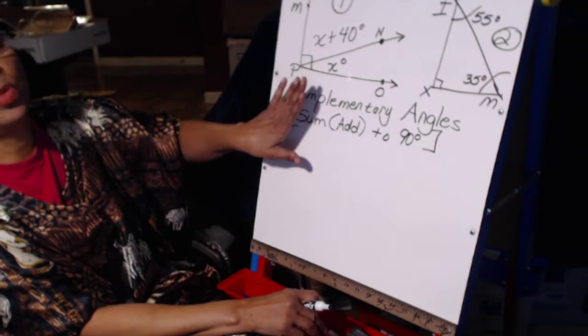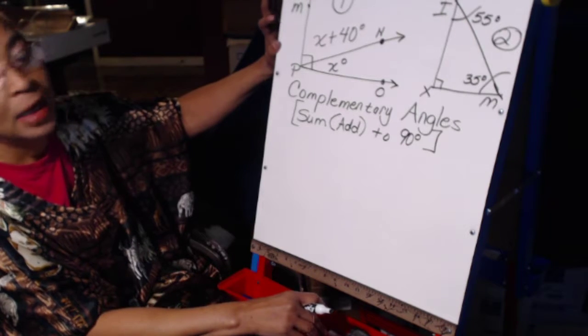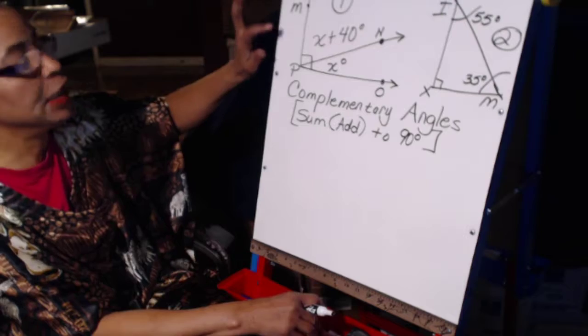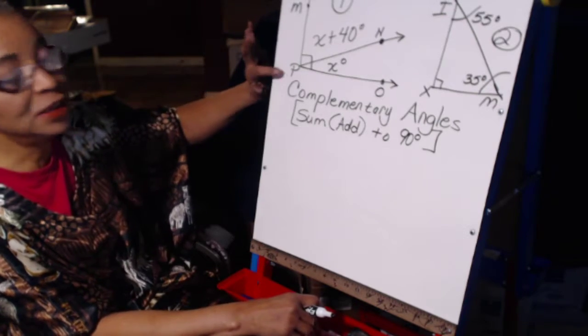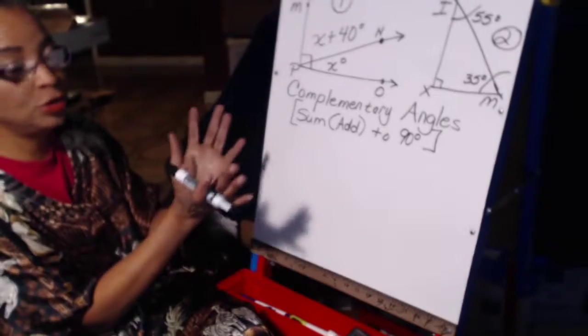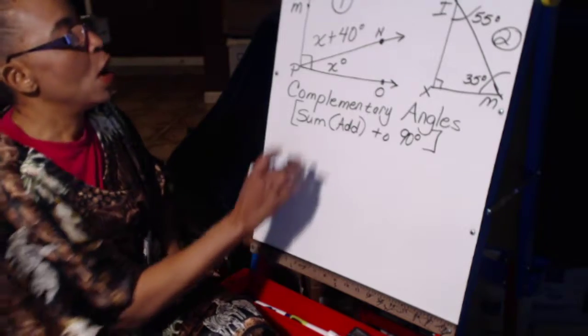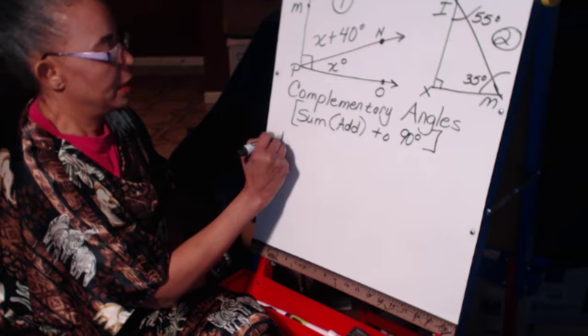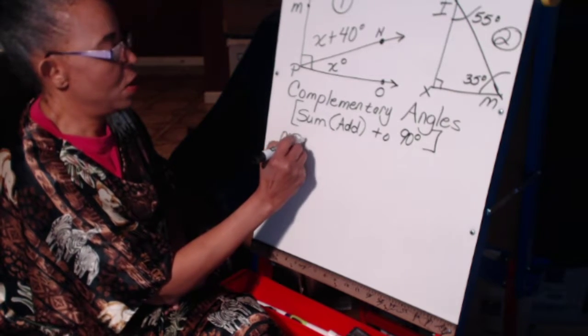So, looking at problem number 1, we have the angle MPO or OPM. Doesn't matter. P has to be in the center because that's where the two rays meet. And then we have MPO.